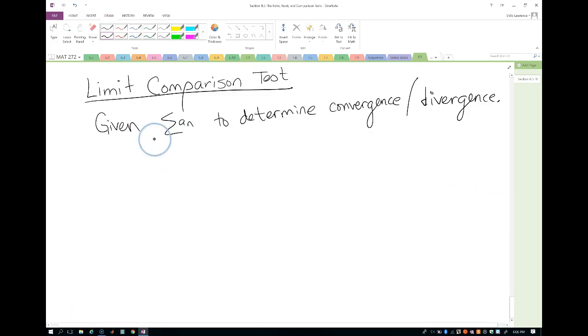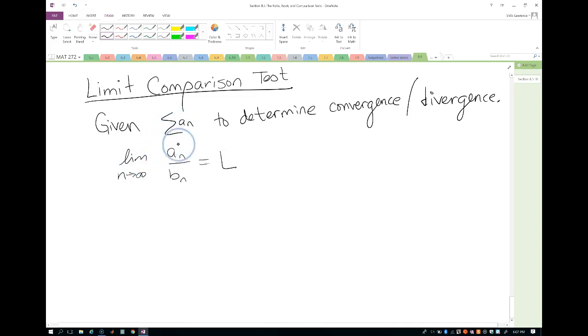We will need to find another series, b sub n, such that the limit as n approaches infinity of a sub n over b sub n we're able to calculate. And usually that requires those series to have similar types of functions inside them. So depending on what that limit comes out to be, we can say for certain the relationship between our a sub n series and our b sub n series.